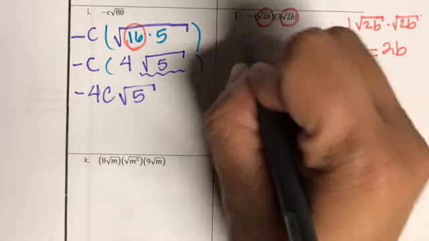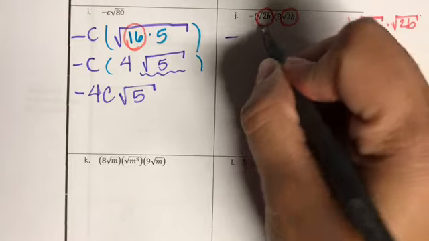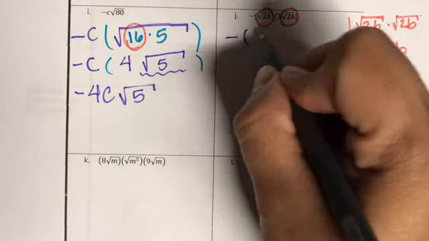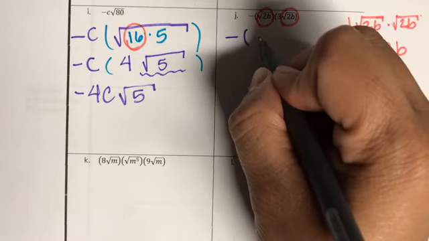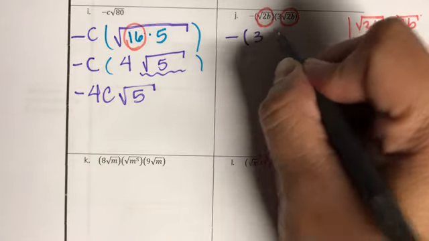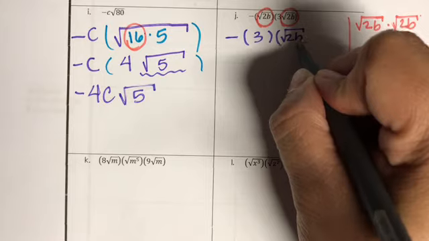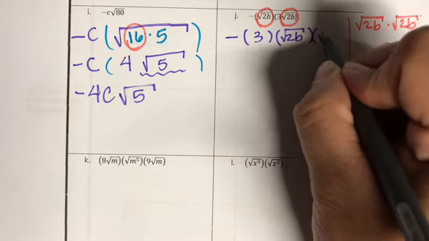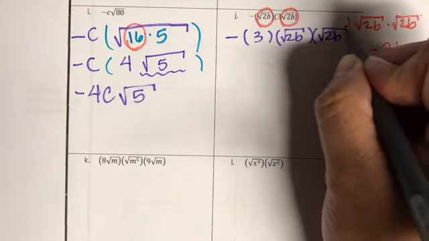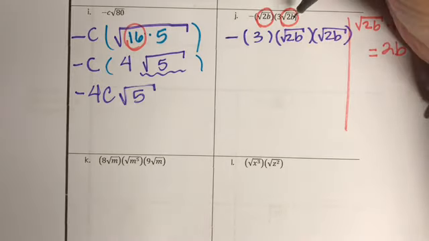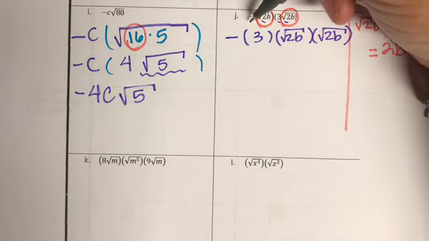So let's rearrange all this. Negative times 3 times the square root of 2b times the square root of 2b. I want to make sure I have everything accounted for.